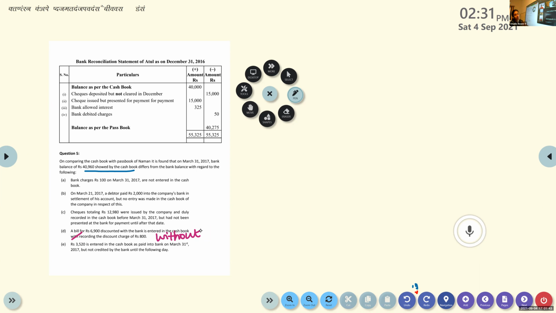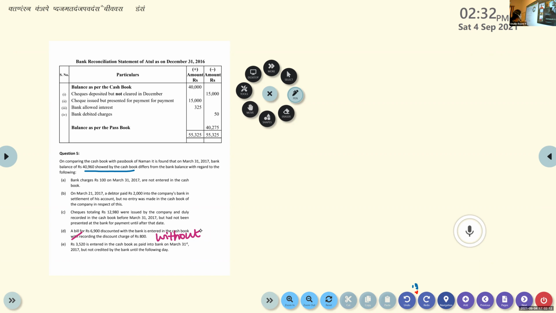We will take this bill of exchange to the bank and discount it there. Discounting means we will ask the bank, keep this bill of exchange, give us the money. And the person who has to make the payment will make the payment directly to the bank. That is discounting of bill. We'll be learning soon.